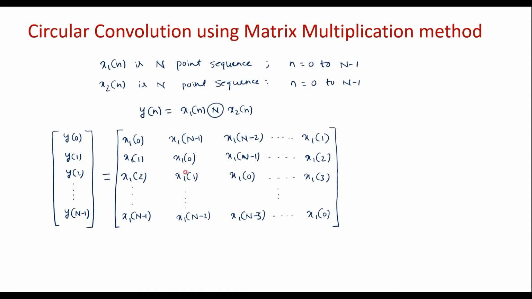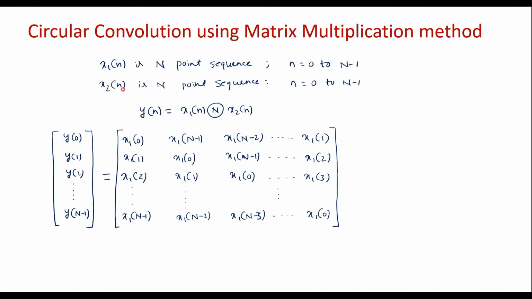So this is the representation of the first sequence x1 of n in matrix form, where x1 of n is written in each column repeatedly by circularly shifting.